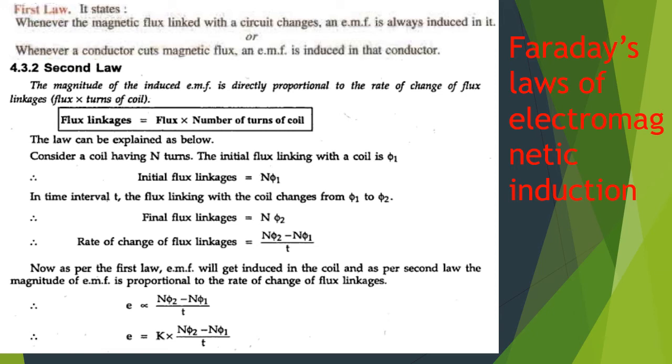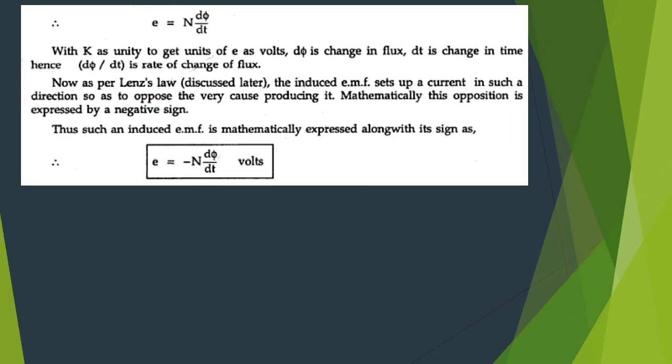So mathematically we can say e, the induced EMF, is directly proportional to (n phi2 minus n phi1) upon t, and the proportionality constant is called K, where e is equal to K times n d phi by dt, the rate of change of flux.